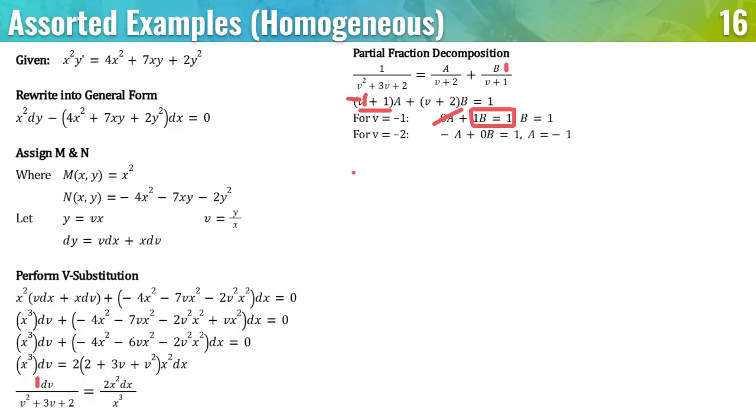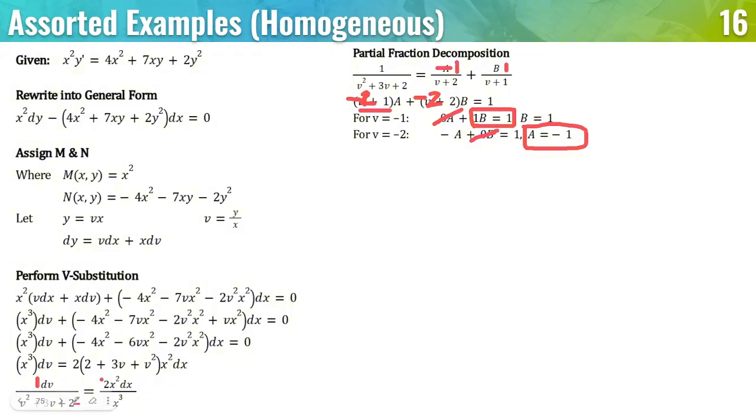On the other hand, we have v is negative 2. So negative 2, and the negative 2 here will give us negative 1a. And the 0b will be eliminated. So we get negative 1 is equal to a. So this one is going to be negative 1.